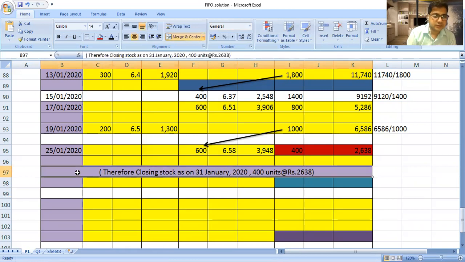So this is the answer we are expecting from you. How will we calculate the closing balance as on 31st January.